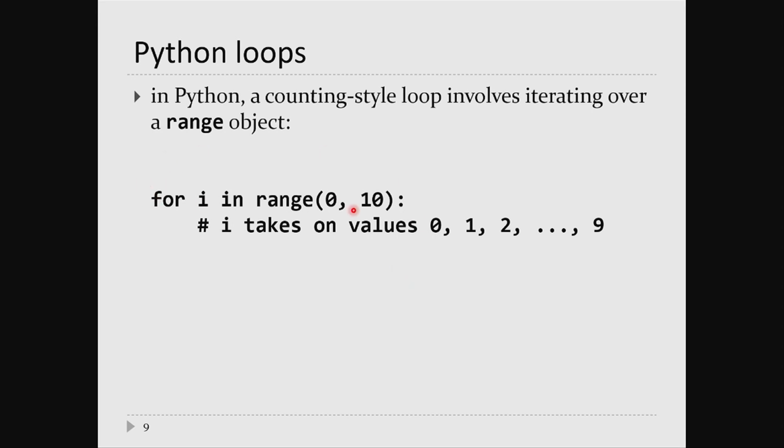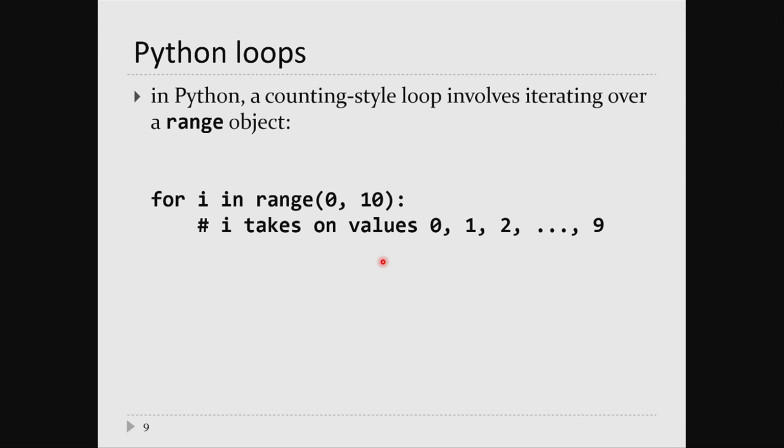In Python, if you want to write a counting style loop, you make a range object and then use the regular Python loop. So for i in range 0 to 10, do something inside the loop body, and the value of i is 0, then 1, then 2, up to 9. You don't include the last element in the range. That's how you write a counting style loop.